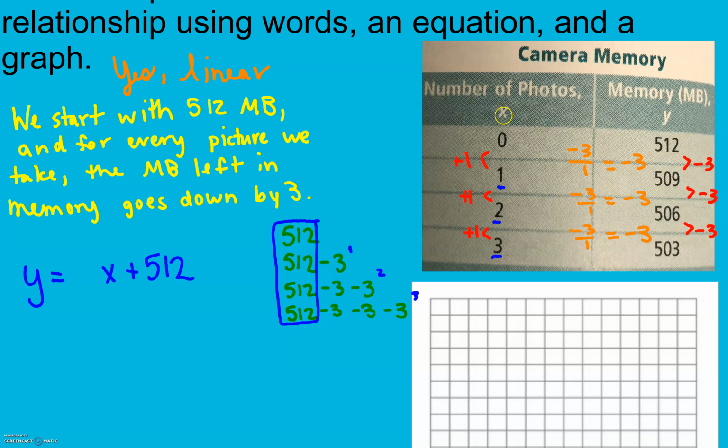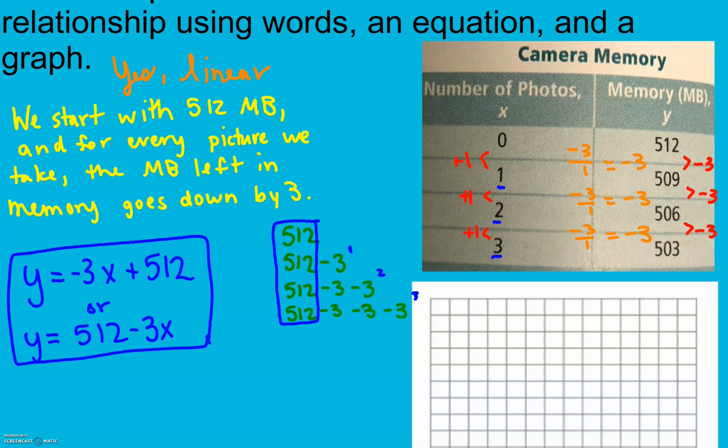So we take our number of pictures times that -3. So it's either -3x plus 512, or you can say 512 minus 3 megabytes for each picture. Either one of those would work. They're essentially the same thing because we can add in any order.